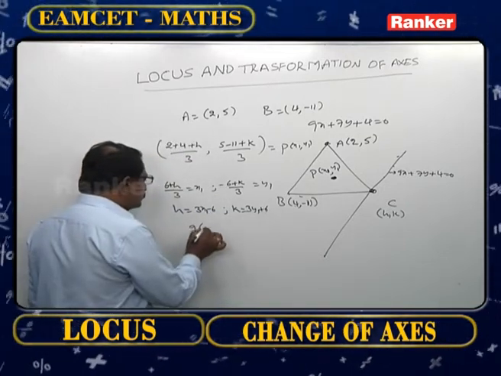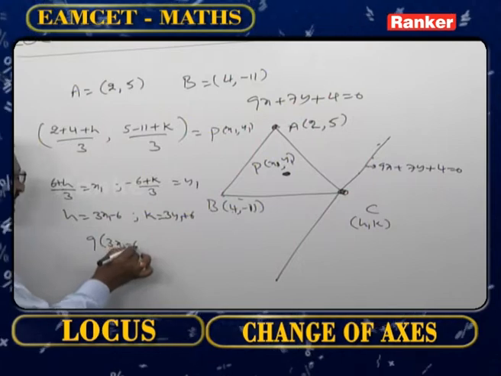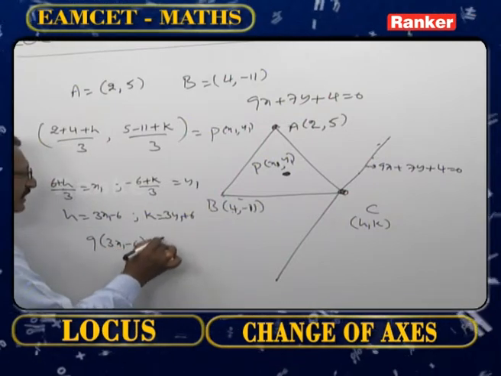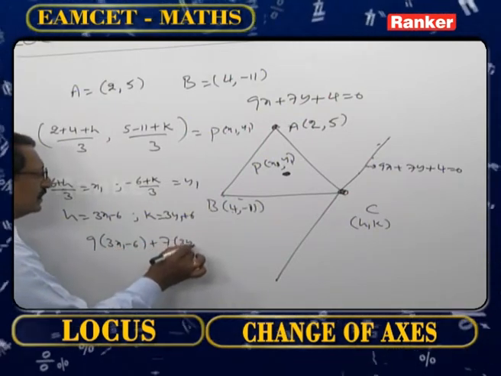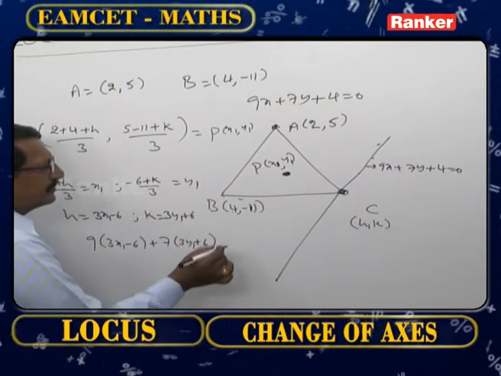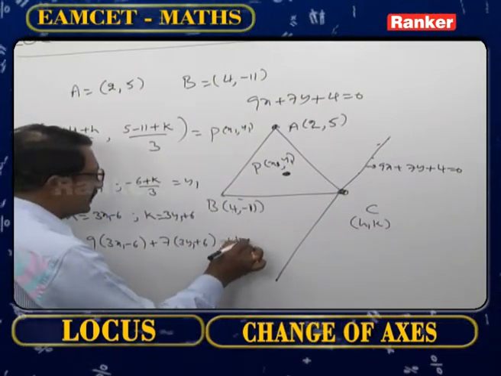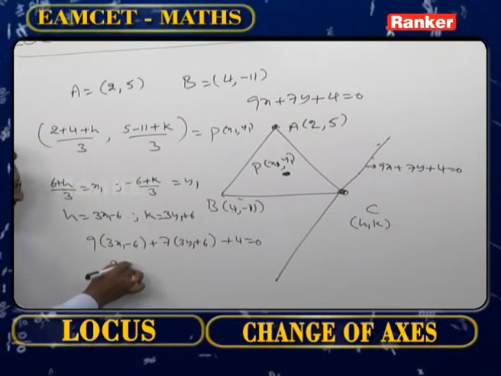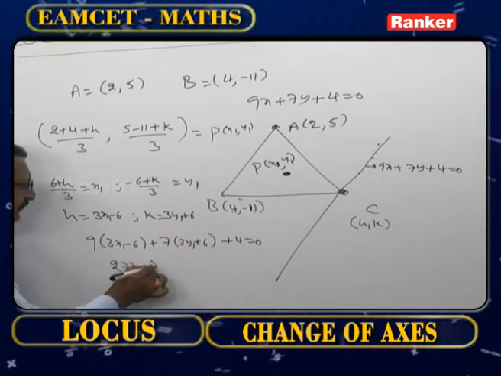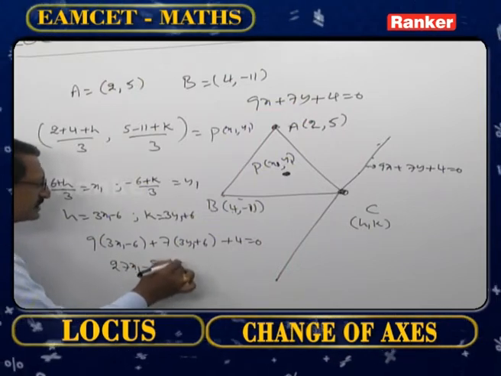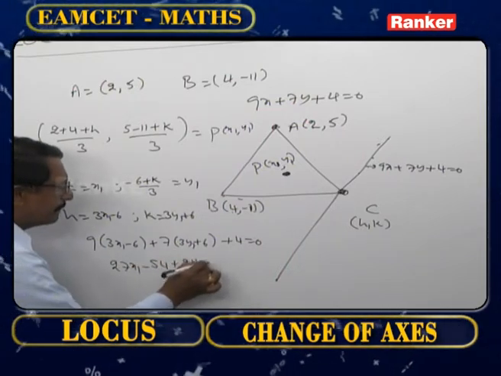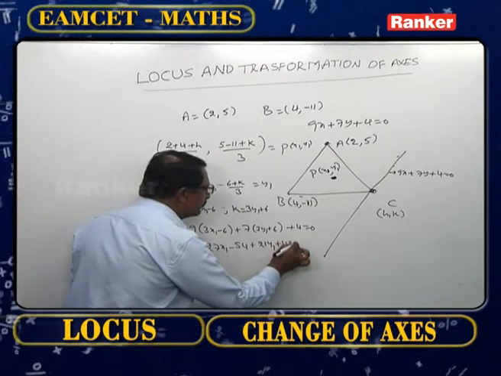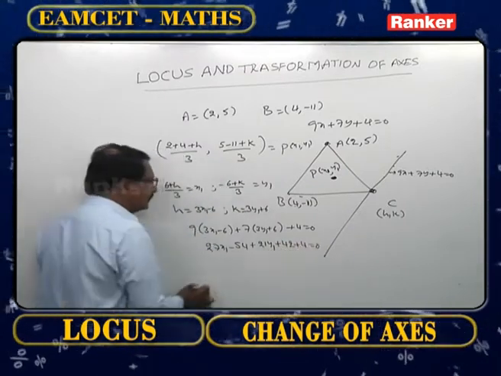Now 9(3x1 - 6) + 7(3y1 + 6) + 4 = 0. Simplifying, 27x1 - 54 + 21y1 + 42 + 4 = 0.